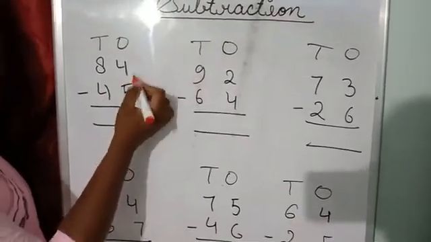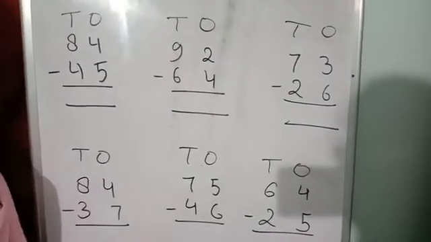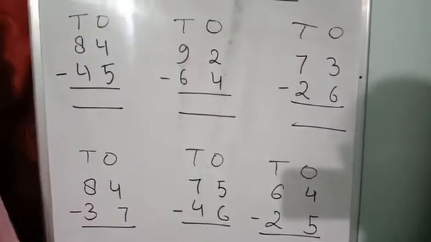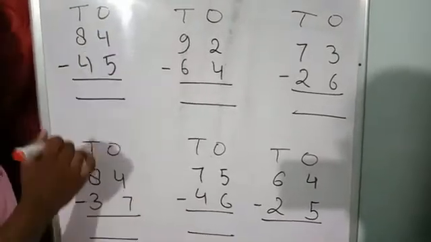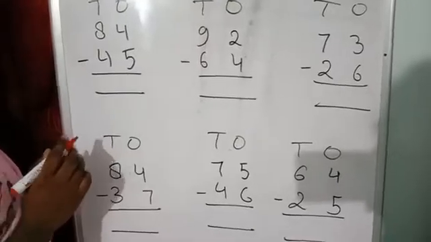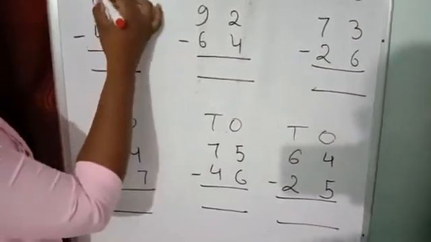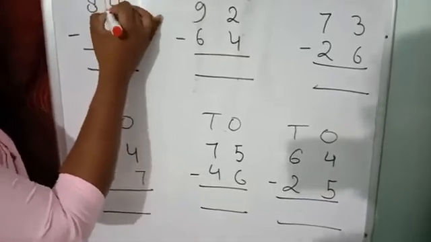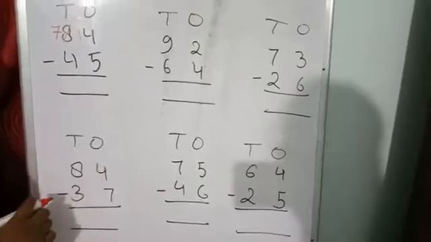See the first one, 4 minus 5. Is it possible to subtract? No, because 4 is smaller than 5. So what will we do? We will borrow from 8 and it becomes 14, and 8 will become 7.